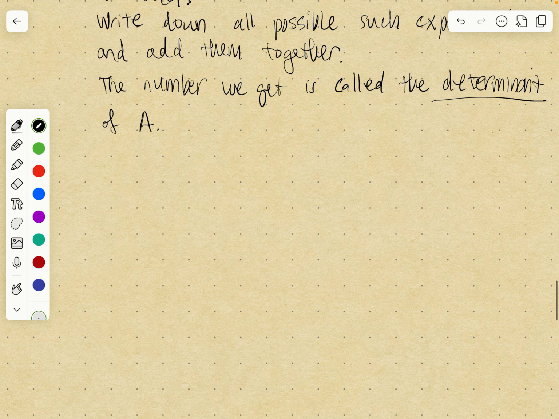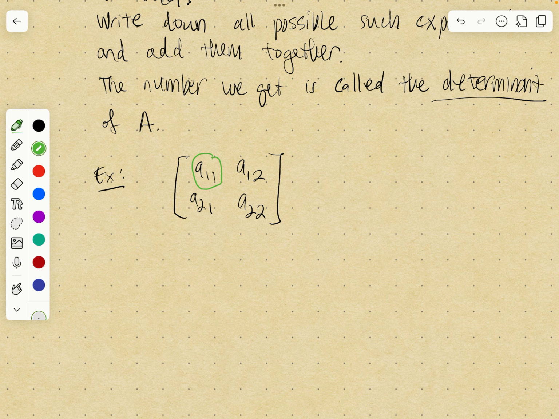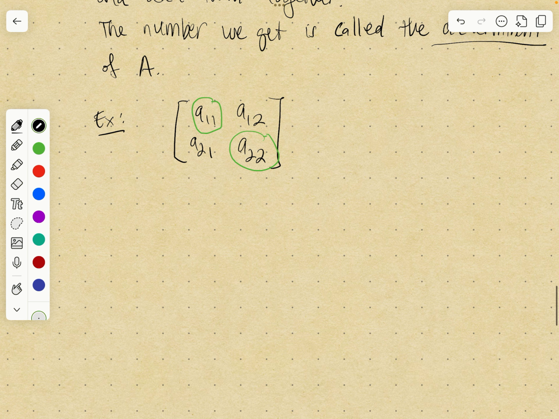So for instance, let's look at an example of a 2 by 2 matrix, the general 2 by 2 matrix, like this. So one way to pick out a number from each row to keep them in different columns is like this. So you have A sub 1,1, A sub 2,2.